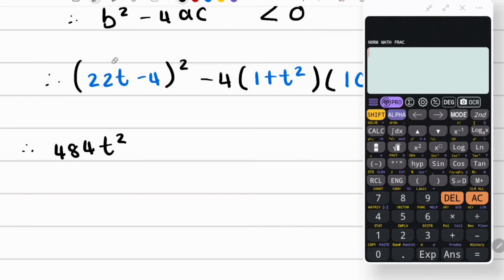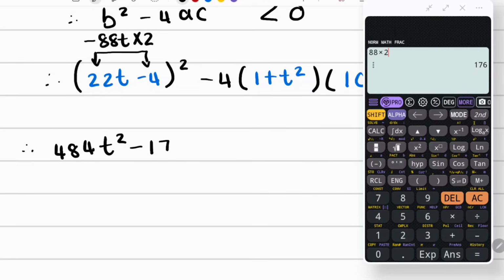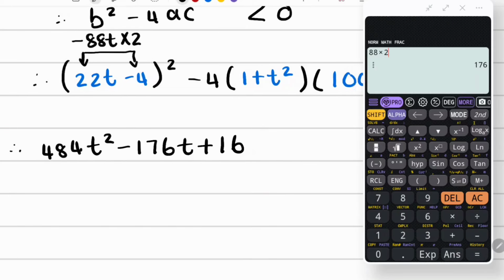We square that. Then you say 22t multiplied by negative 4, which is negative 88t. And then you need to multiply that by 2. So 88 times 2 is 176. So that is negative 176t. I'm just trying to be really careful here. Negative 4, square that. That is positive 16. Okay, done with that part.